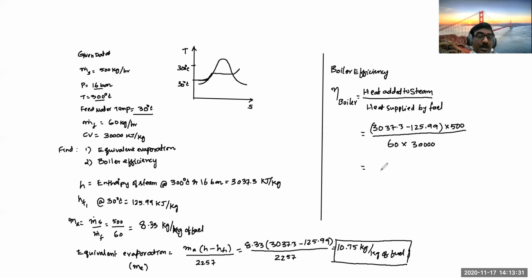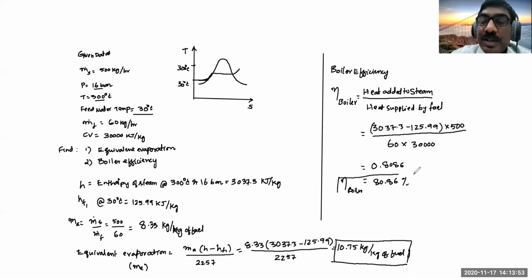So this is 0.8086. That is nothing but boiler efficiency, 80.86%. So this is the boiler efficiency. Boiler efficiency is simply the amount of heat that is taken by the water divided by the heat supplied by the fuel.